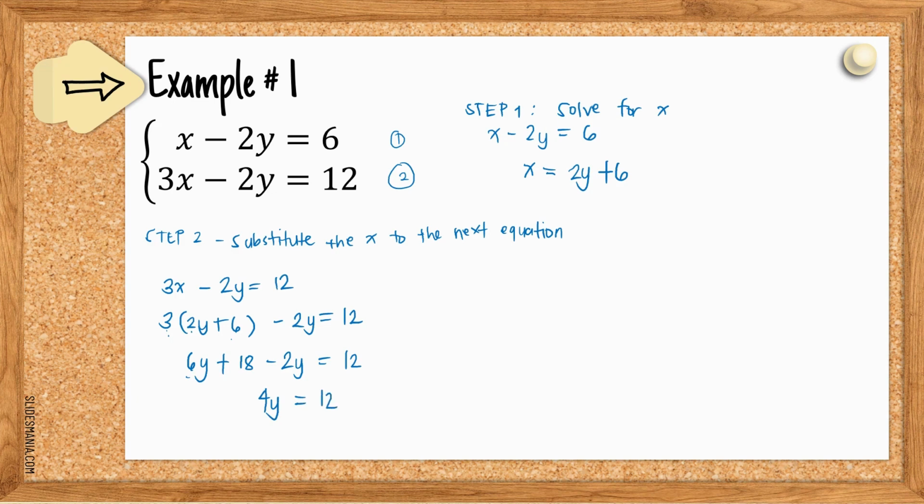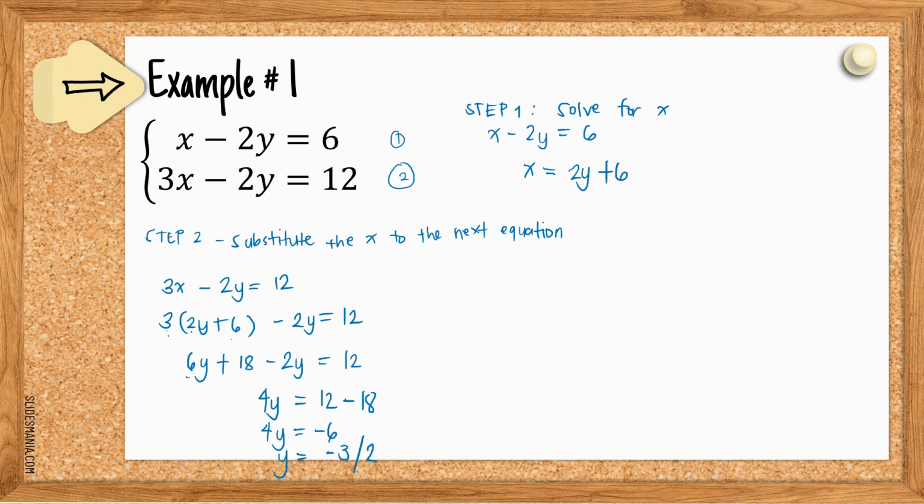Then let's transpose positive 18 to the other side, so minus 18. Thus, 4y is equal to 12 minus 18, that is negative 6. Dividing both sides by 4, y is equal to negative 6 divided by 4, that is negative 3 over 2. And we already have the value of y.